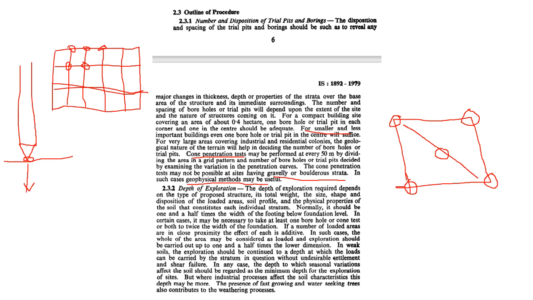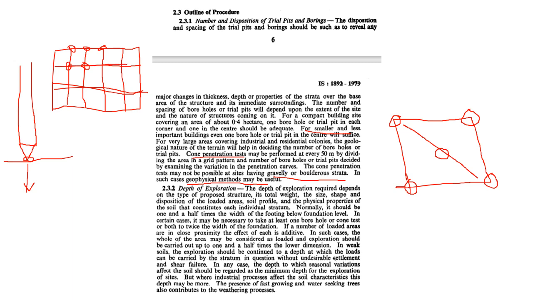Likewise, based on the variation of the soil, for example, when you saw the variation of the cone resistance for these adjacent points, and you saw that there is no considerable variation in the resistance values, then you don't have to dig a borehole at these two points. You can take it at a larger spacing.